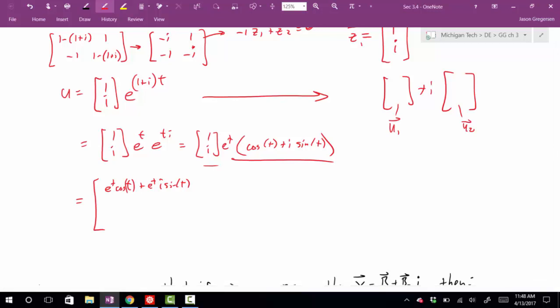And the second component is going to look like i times e to the t cosine of t, and then minus 1 e to the t sine of t, right? Because I have i times i. Any questions here?